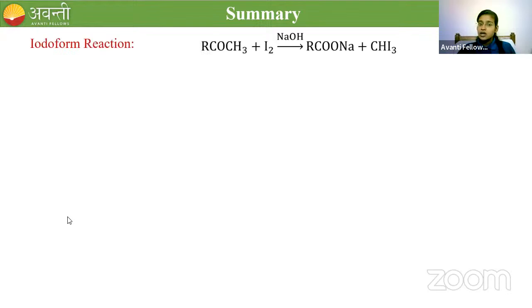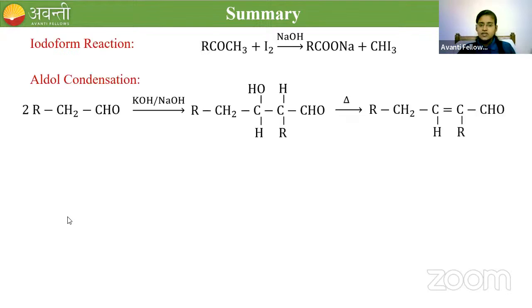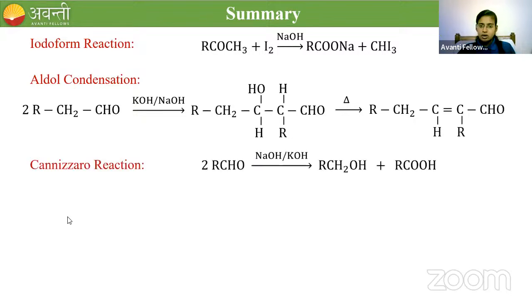So let me summarize, from the fourth chemical reaction. Under the reactions due to acidity, we studied iodoform in the last class. Today we started with the aldol condensation, and you know how to find an aldol product, right? So don't forget the trick.